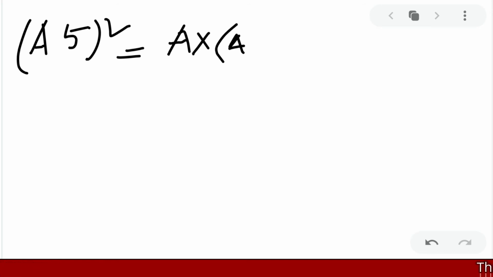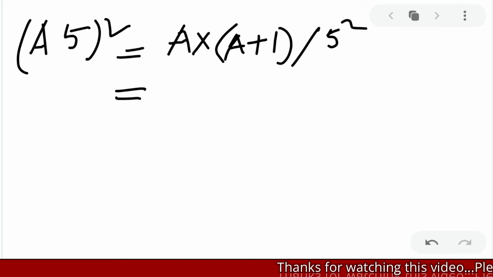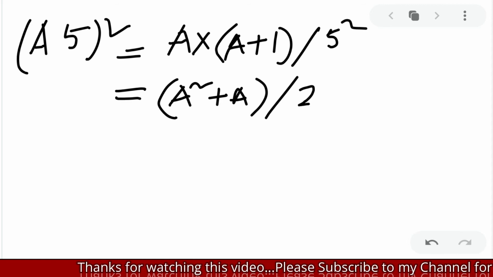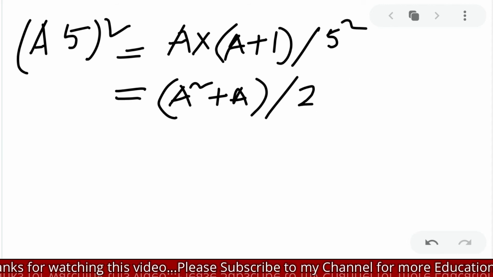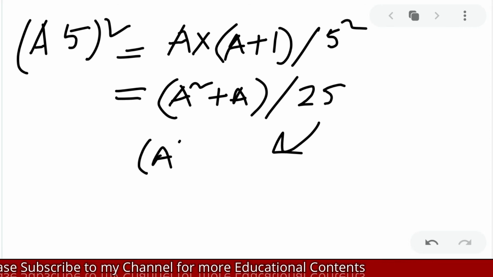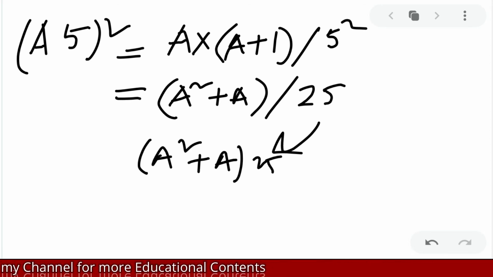Once again, the generalized form: if the number is a5 square, it will be a into a plus 1, that is a square plus a, on the left side, and on the right side 25 comes directly.